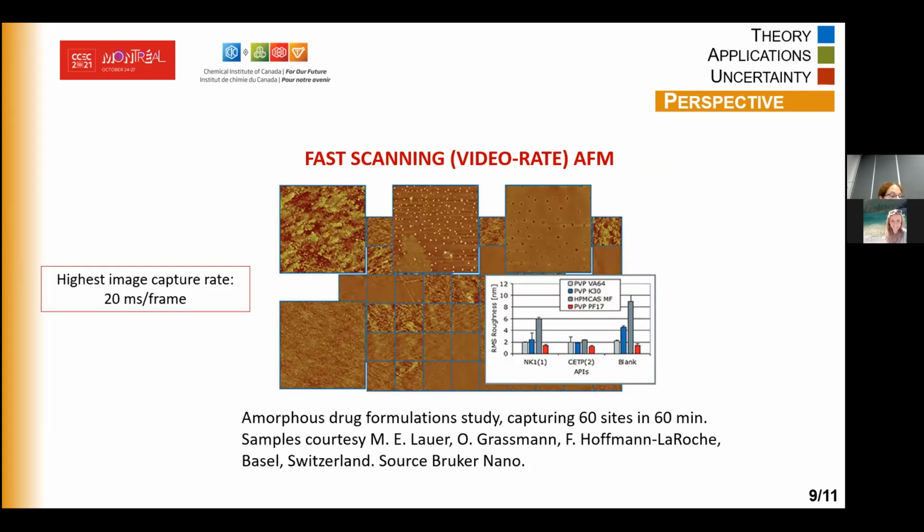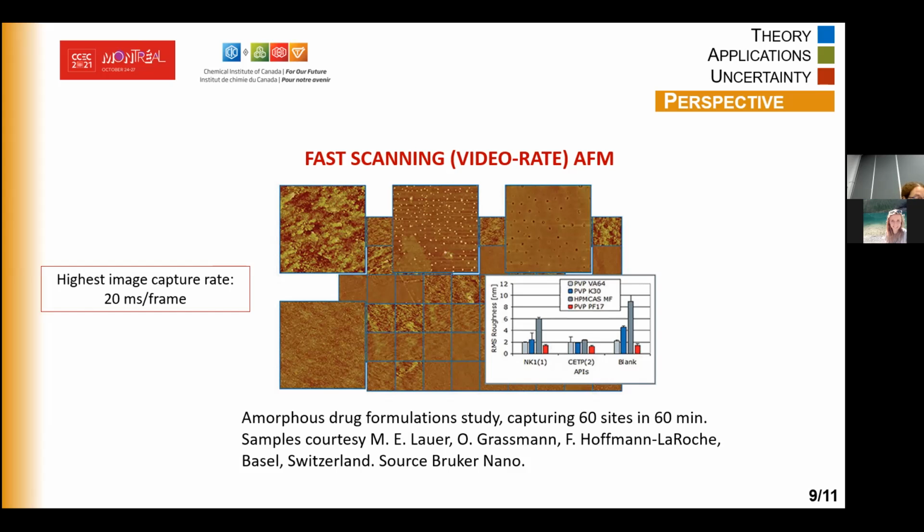Another recently developed technology that is increasingly being exploited is that of fast scanning or video rate AFM, which circumvents the slow imaging speed and low temporal resolution of conventional AFM stemming from its serial pixel-to-pixel data acquisition. Fast scanning AFM provides image capture rates up to 20 milliseconds per frame compared to minutes per frame in conventional AFM.